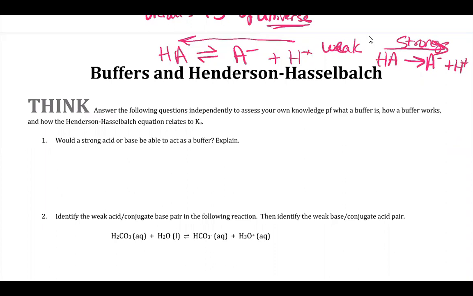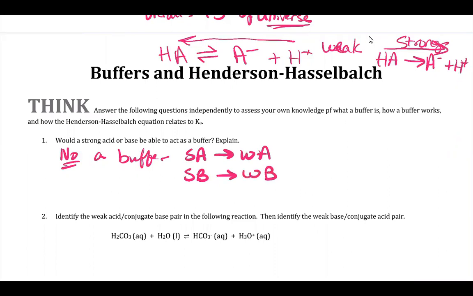So would a strong acid or base be able to act as a buffer? And the answer to that is no. No, absolutely not. So what's the point of a buffer? A buffer has to be able to convert a strong acid into a weak acid, but at the same time, it has to be able to take a strong base and convert that into a weak base, right?